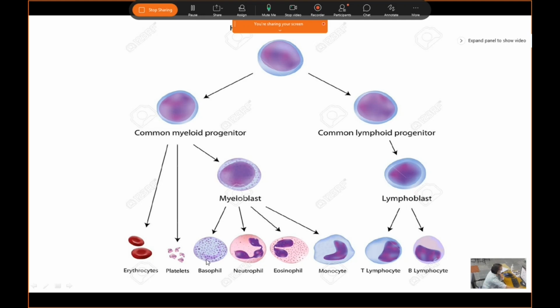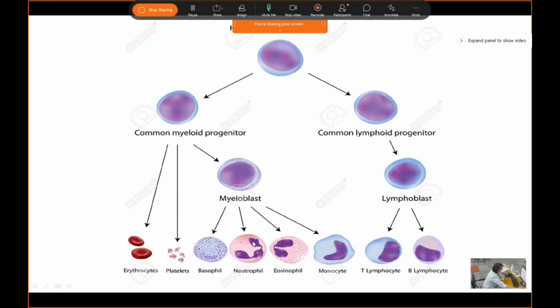But if you notice, the common myeloid progenitor is also the parent of the thrombocytes or platelets, and also of the erythrocytes or RBCs. This is very, very important for you to understand, because when cells of the myeloid series proliferate, it may be a reactive condition.